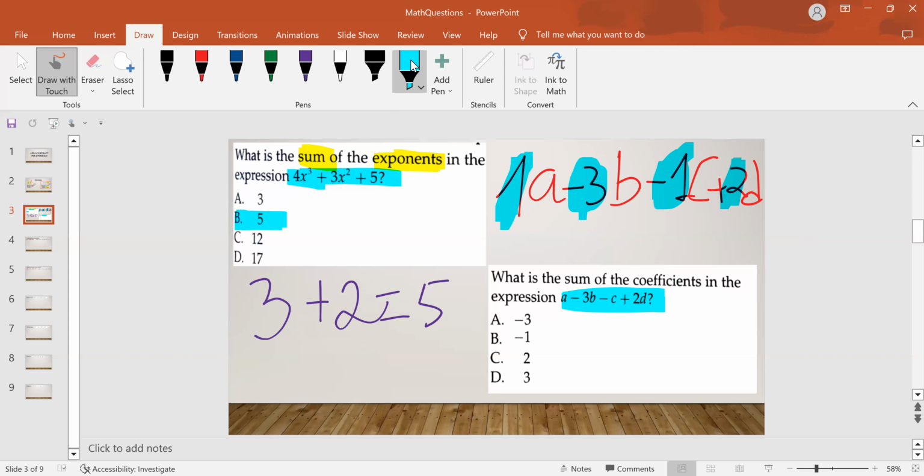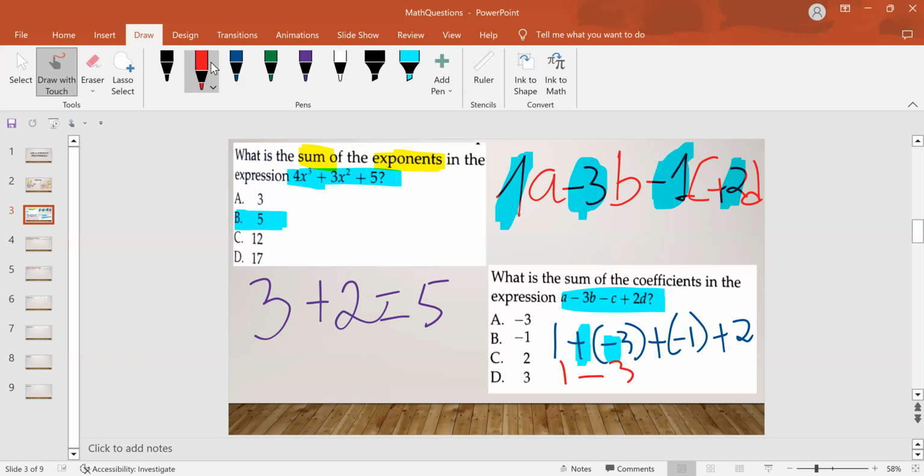If we list all of these, the sum is 1 plus -3 plus -1 plus 2. Now, we learned in the previous video, every time we see a bracket or parenthesis separating a positive and a negative number, this will change it to negative. So we have 1 minus 3, and again we have a positive and a negative on this side, so that turns to negative because it's a multiplication between plus and negative.